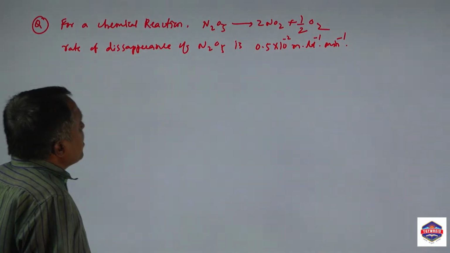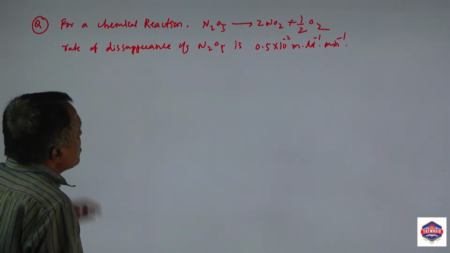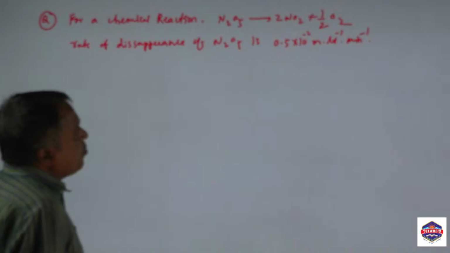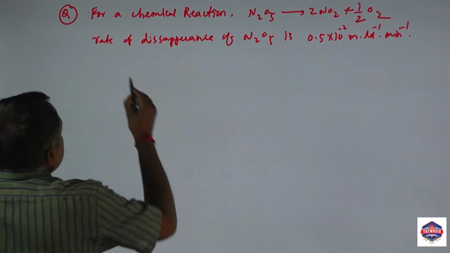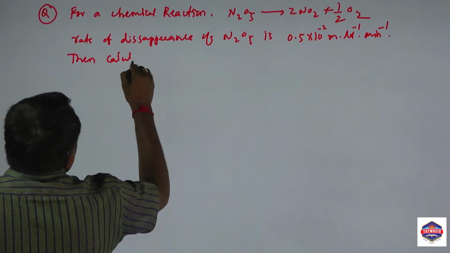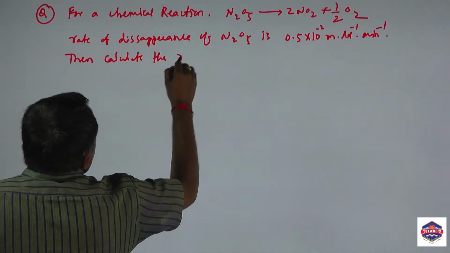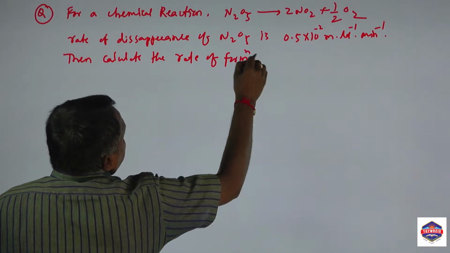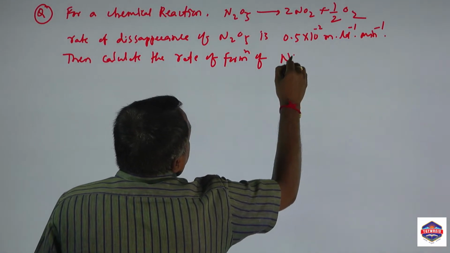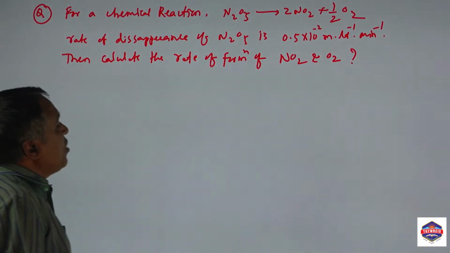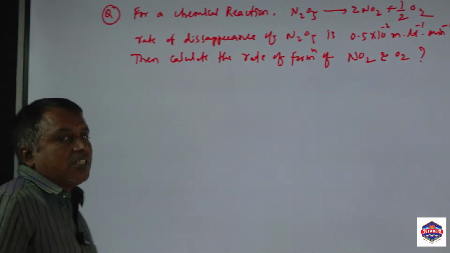For a chemical reaction N2O5 gives 2NO2 plus half O2, the rate of disappearance of N2O5 is 0.5 into 10 to the power of minus 2 mole liter inverse minute inverse. Then calculate the rate of formation of NO2 and O2.